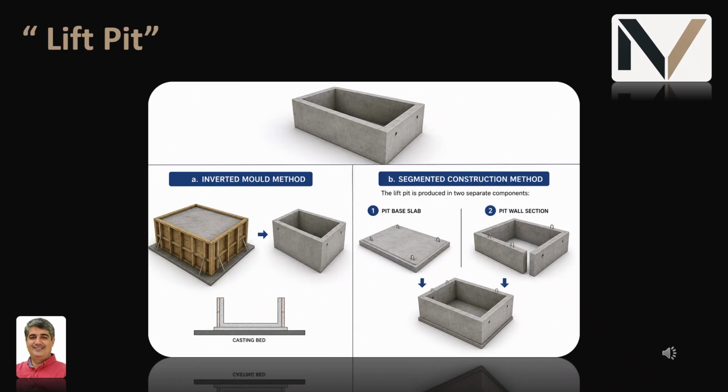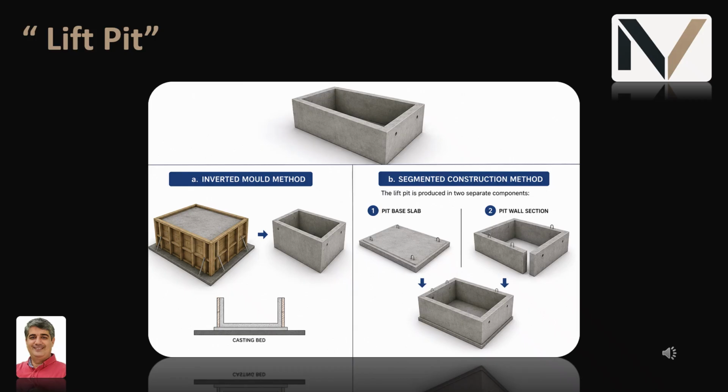And the second method, the segmented construction method, is the method we use in our factory. The pit is produced in two separate components: one, the pit base slab, and two, the pit wall section. These two elements are then connected using a carefully designed tongue and groove arrangement and also connection rebars.